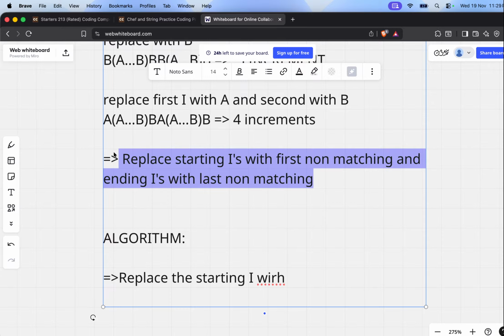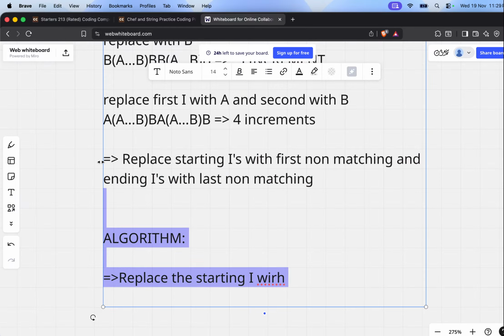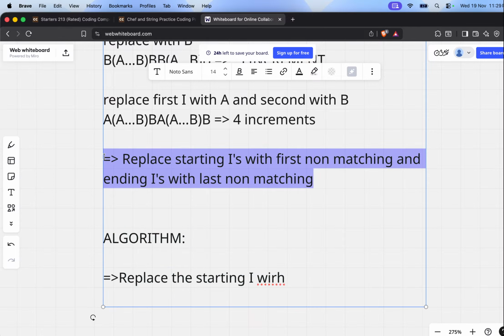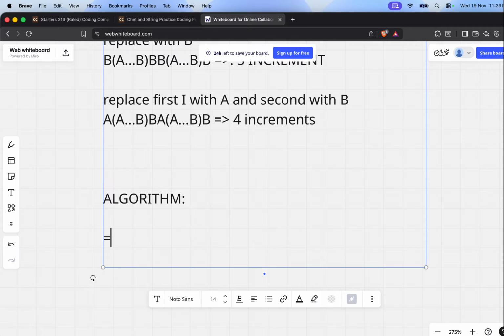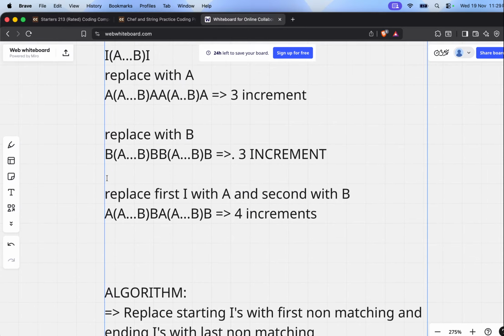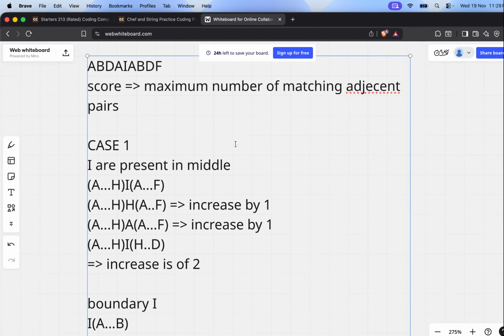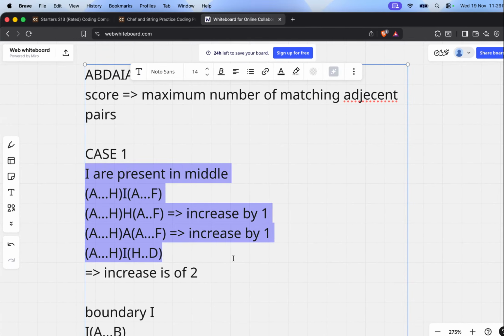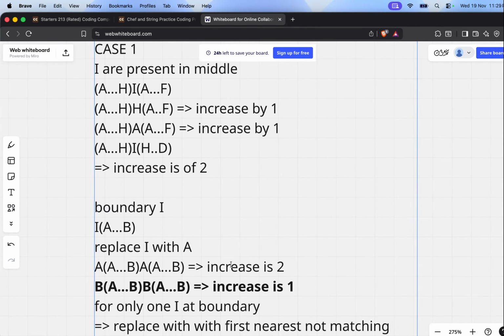Okay, so this is our first step. Now for middle elements, replace with any of the neighbors. We analyzed it here that replacing it with any neighbor is the same scenario.